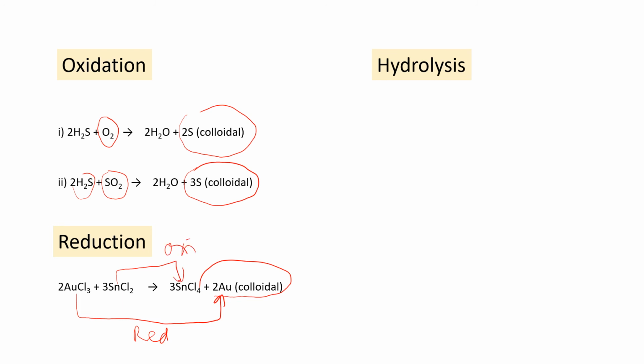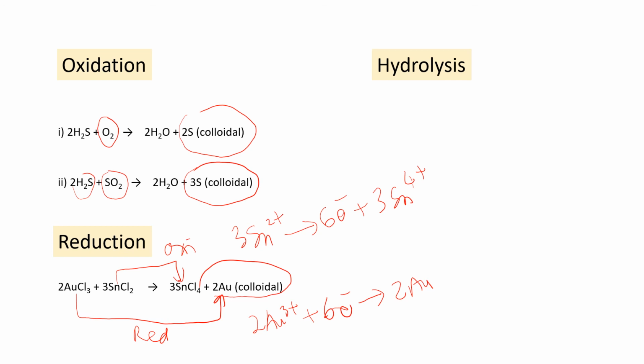For the reduction, we have 2Au3+ plus 6 electrons giving 2Au. For the oxidation, we have 3Sn2+ releasing 6 electrons, giving 3Sn4+.